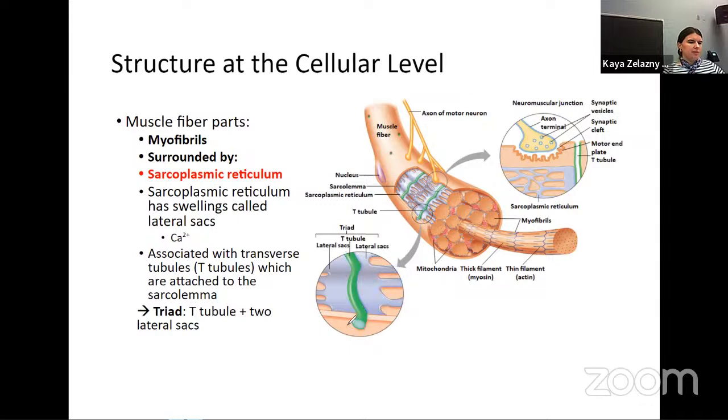So we will often refer to them together, the lateral sacs from the sarcoplasmic reticulum, and then also the tubule running within it from outside the sarcolemma into the cell and between these parts of the sarcoplasmic reticulum. We'll often refer to that as a triad. Triad because we have like 1, 2, 3 things as part of it.